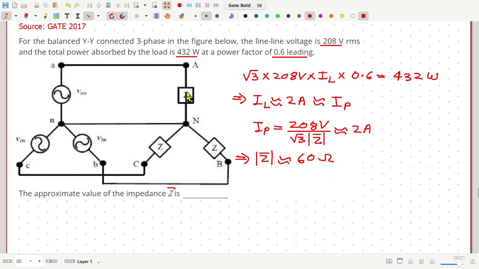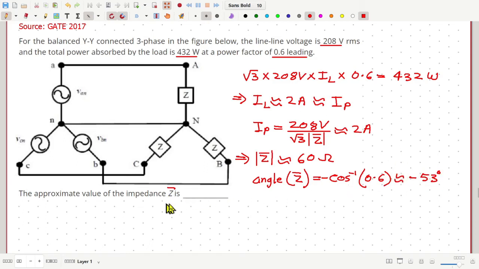And then the angle of this impedance, angle of Z bar, is given by cosine inverse 0.6, and since the power factor is leading, that means the load is capacitive in nature, so this angle should be negative, and this is equal to minus 53 degree approximately.